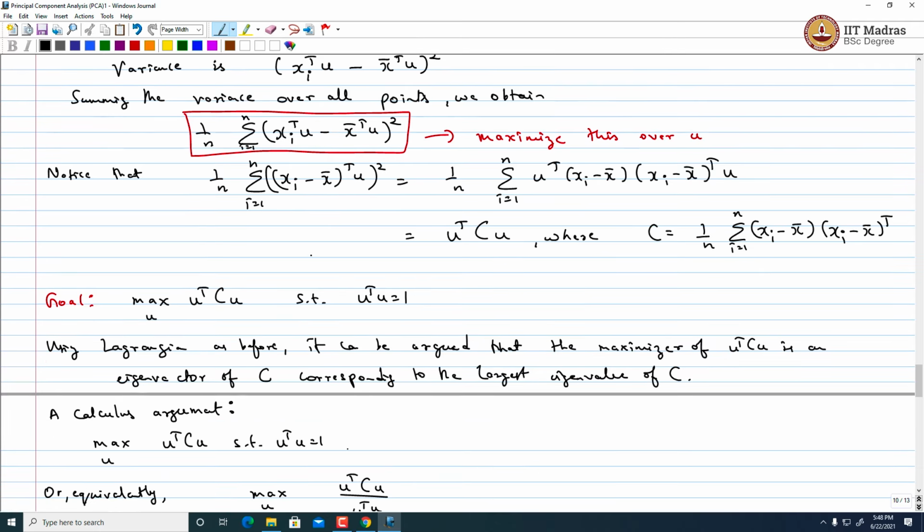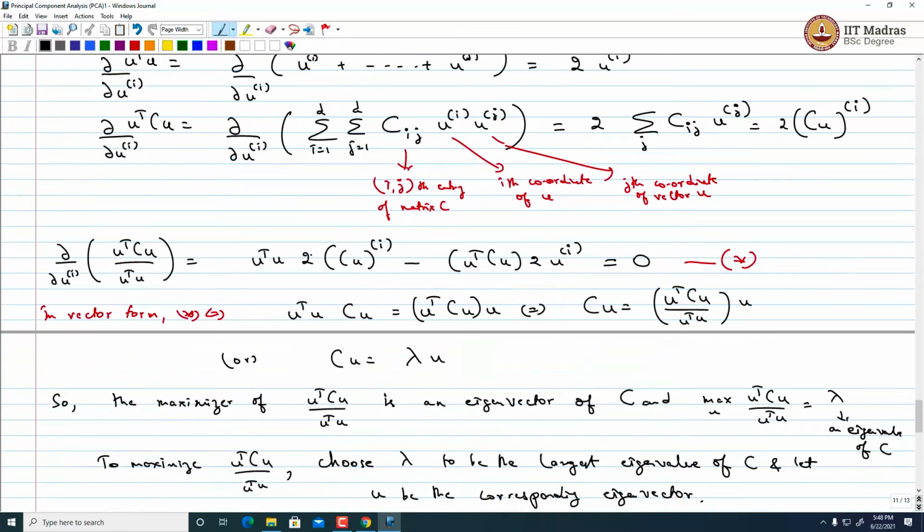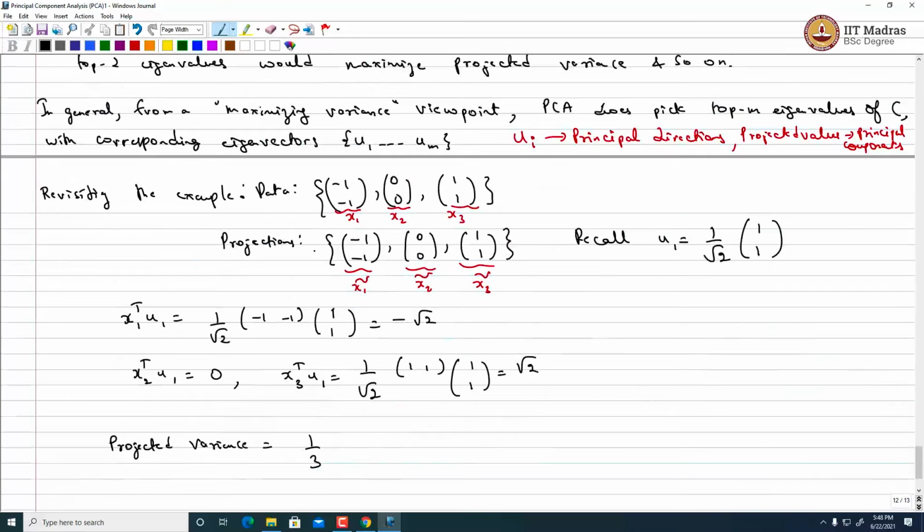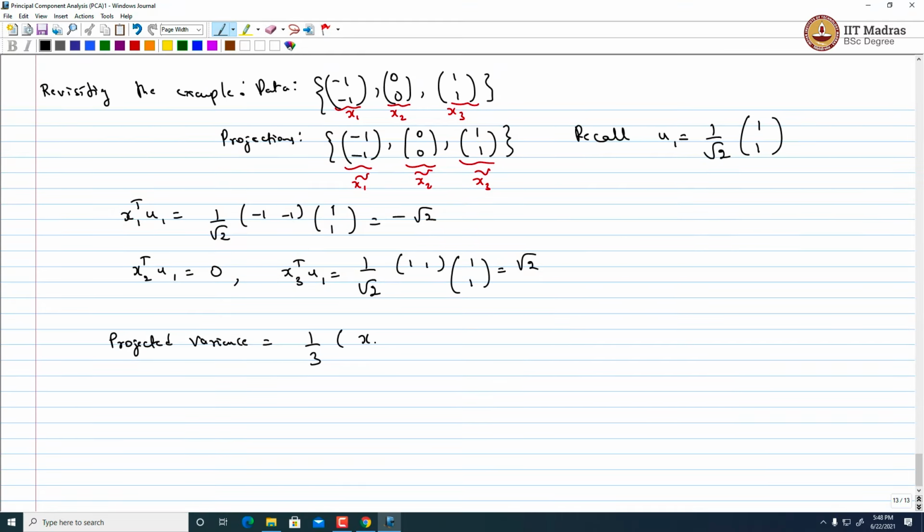So I'm just doing xi transpose u squared. So x1 transpose u1 squared plus x2 transpose u1 squared plus x3 transpose u1 squared, which is nothing but 4 by 3.